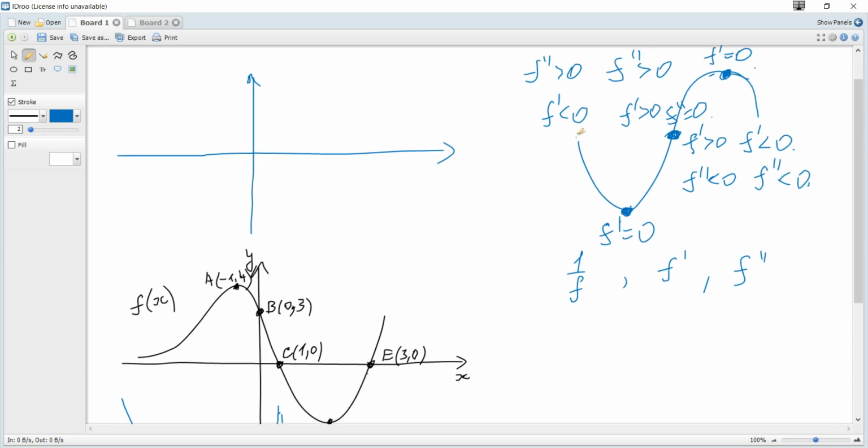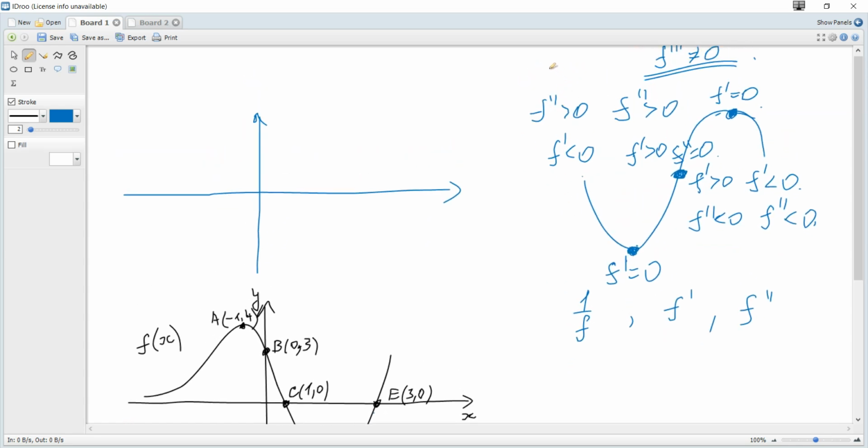And also, if the second derivative is greater than 0, the first derivative is an increasing function. They are related. And if the second derivative is negative, the first derivative is a decreasing function.